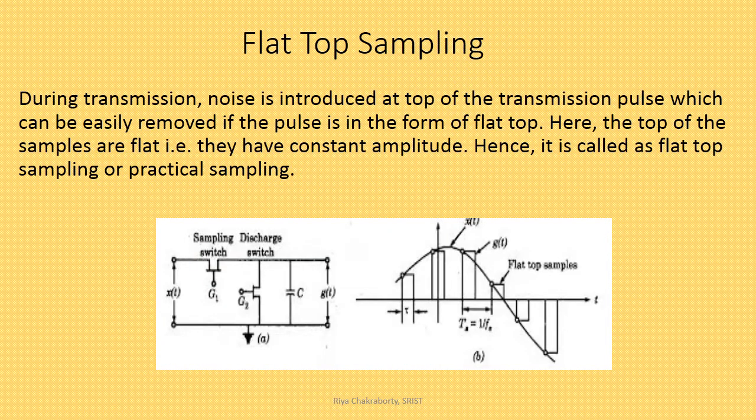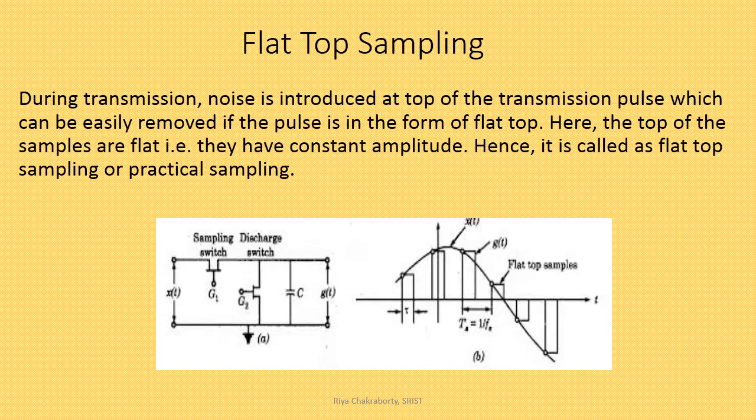Now flat top sampling. Flat top sampling, like natural sampling, is also a practically possible sampling method, but natural sampling is a little complex, whereas it is quite easy to get flat top samples. In flat top sampling or rectangular pulse sampling, the top of the samples remains constant and is equal to the instantaneous value of the baseband signal x(t) at the start of sampling.